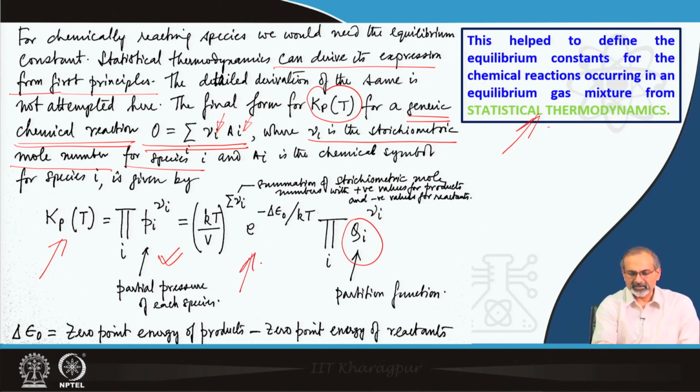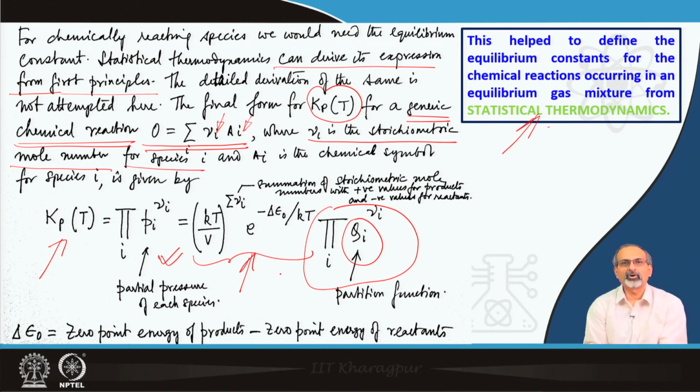And when we apply statistical thermodynamics, we can show that the Kp comes out to be in this form, where we have a product of the partition function for each one of the species raised to the stoichiometric mole number for each species, and the remaining terms are in a product form. The delta epsilon 0, which figures over here, is the zero point energy of the products minus the zero point energy of the reactants.